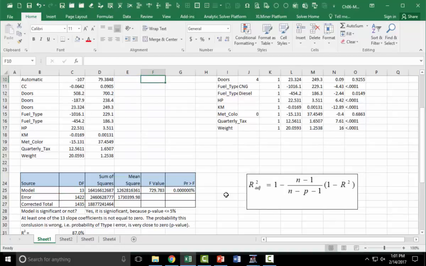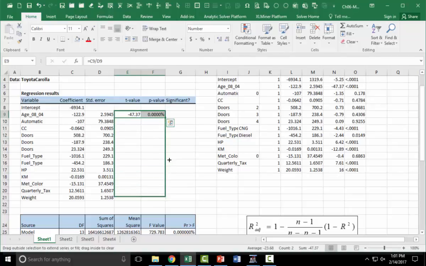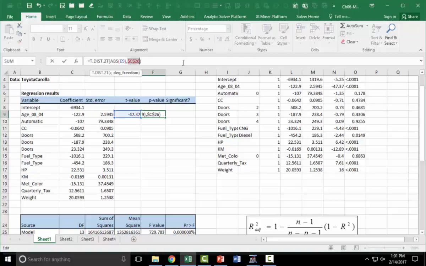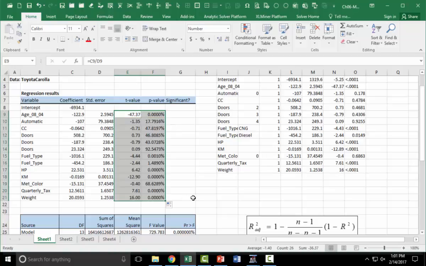That will give us the p-value, and let's make that into a percentage. Here the degrees of freedom should be absolute referenced. Okay.